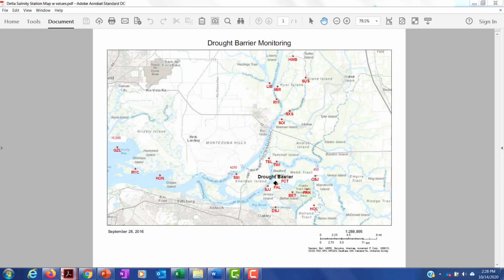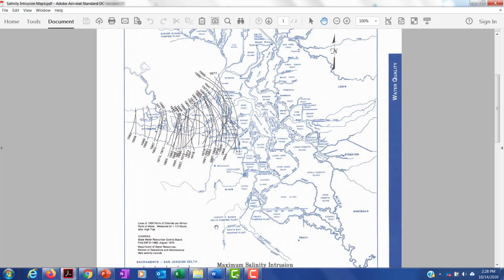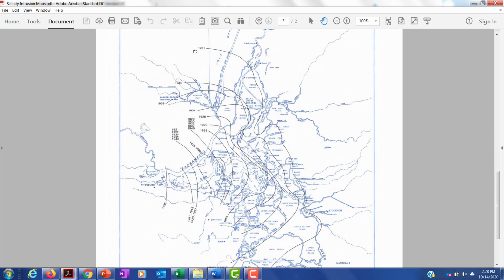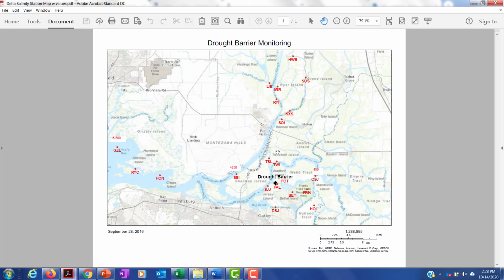And so we saw these contour maps of the past, drawing that line of where the water is salty and where it isn't each year. And they drew these lines by contouring conductivity data from these stations.